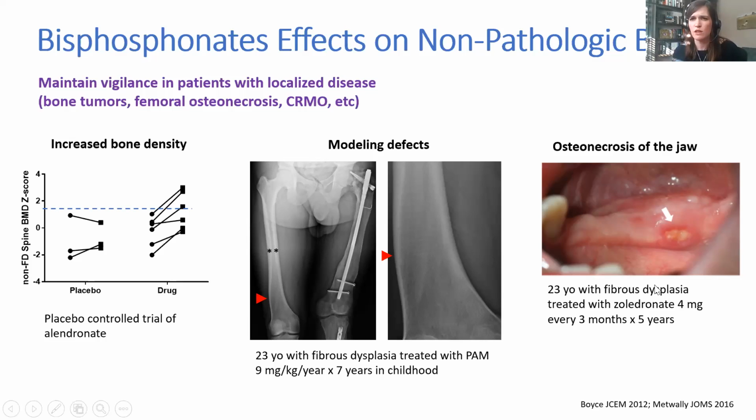This was a 23-year-old man with fibrous dysplasia who had been treated with zoledronate during childhood for 5 years. And unfortunately, he did develop osteonecrosis of the jaw in young adulthood, in part related to some poor dental hygiene and other dental issues.